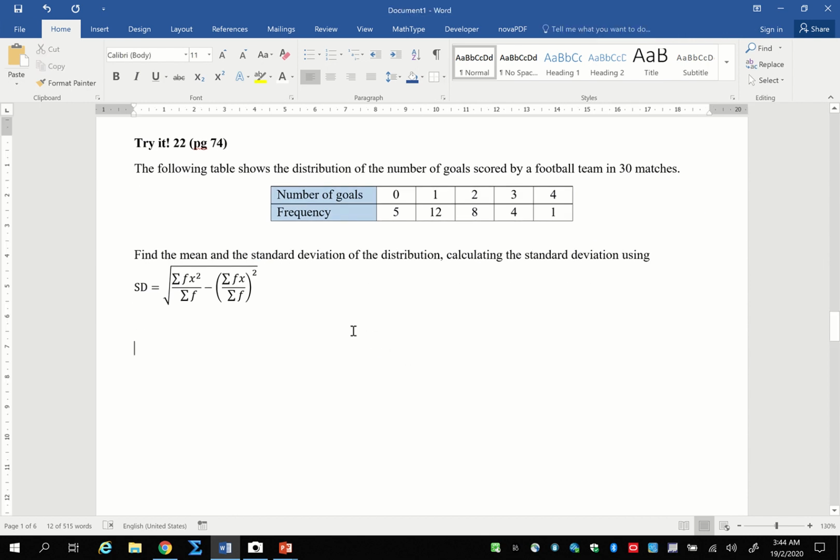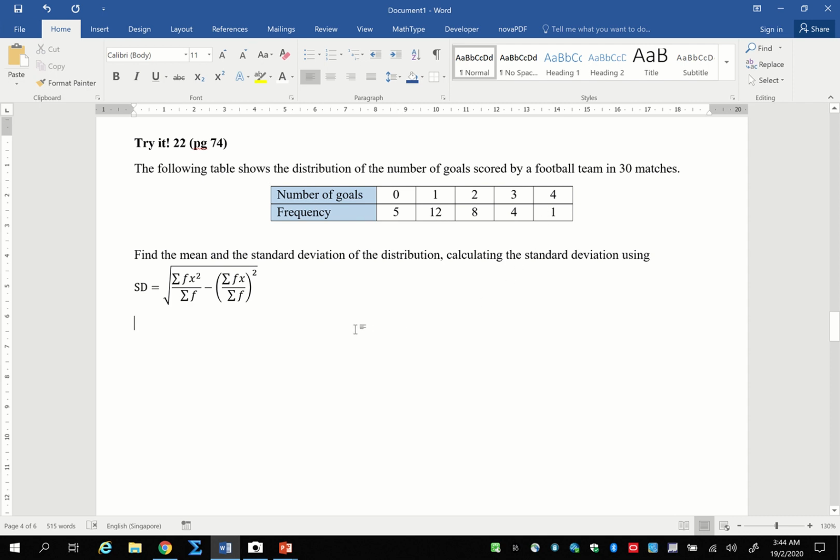When I say that the number of goals is 0 and the frequency is 5, that means there are 5 matches where the goals are 0. And there are 12 matches where the goal is 1, 8 matches where the goal is 2, 4 matches where the goal is 3, and 1 match where the goal is 4.